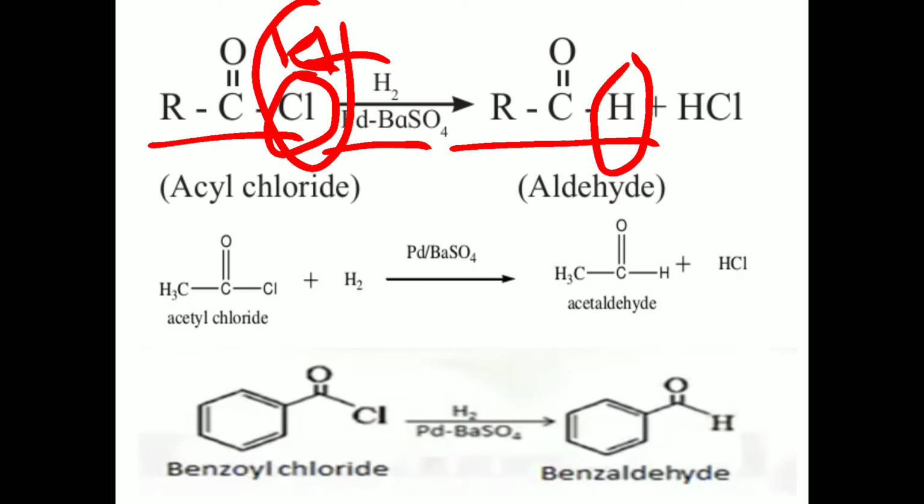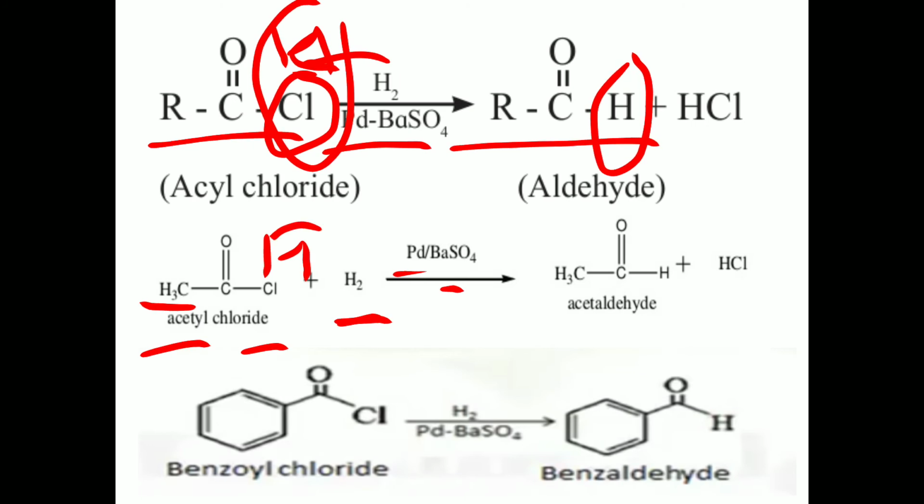Now let us study one or two examples. First, in this reaction we have CH3C double bond OCl, that means acetyl chloride, which undergoes reduction in presence of palladium and barium sulfate. Here there are 2 hydrogen atoms.